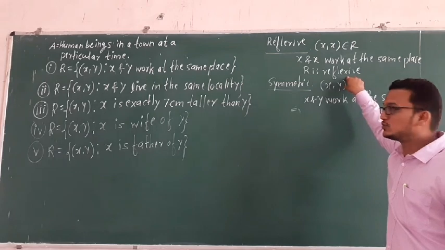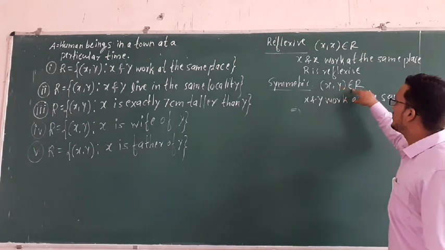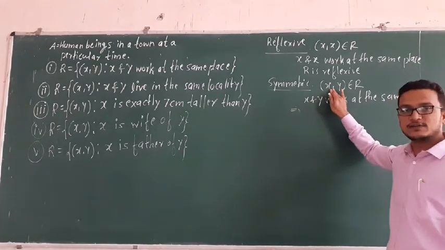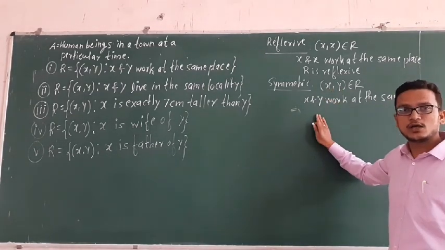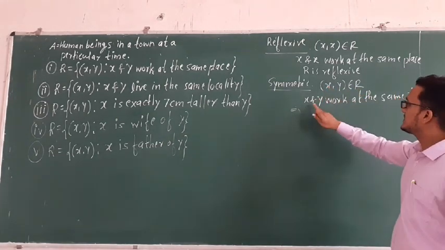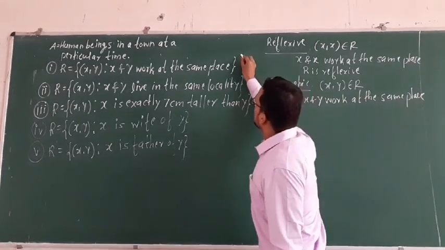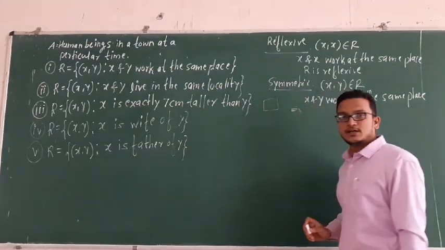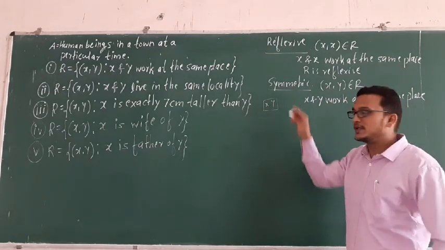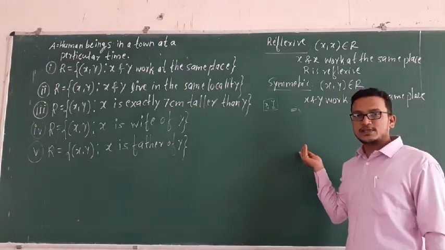Now next, the symmetric relation. What's the definition of symmetric? (x, y) belongs to R implies (y, x) belongs to R. First I will take only the first part and check whether it implies the second. When (x, y) belongs to R, it means x and y work at the same place. Suppose this is the place, and x and y are working in this place. Now if I say y and x, are their working places changed?